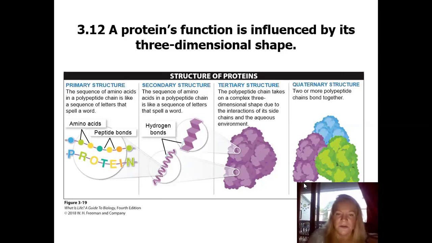If you're familiar with that word, that's kind of like the leveling up. So then we have all this, and it looks a little bit globular here. And then you have this quaternary structure.